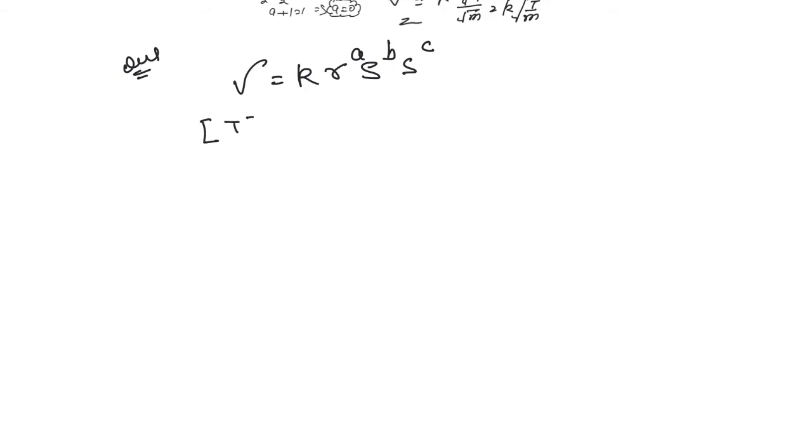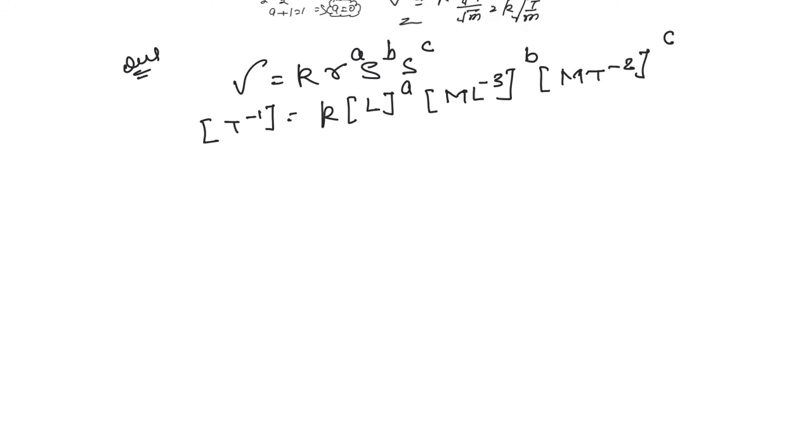That is reciprocal of time period. Class, is my voice audible? I am audible. What is radius? L. What is density, class? Mass per unit volume, raised to power b. And surface tension MT^-2 raised to power c.